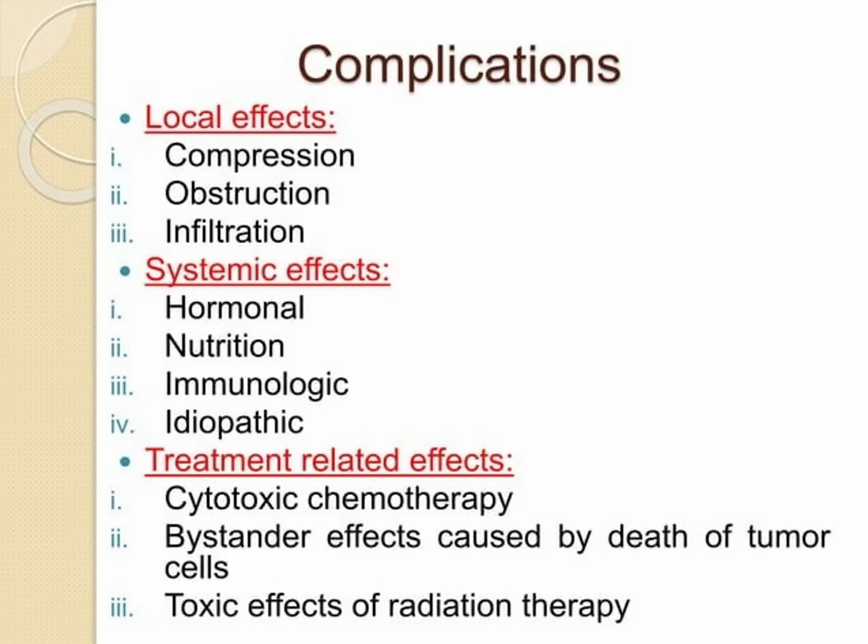Next, we are going to see the complications of cancer. Local effects like compression, obstruction, infiltration. Then systemic effects like hormonal, nutrition, immunologic and idiopathic effects may be there. Treatment-related effects: cytotoxic chemotherapy. Due to chemotherapy, there are many adverse effects.